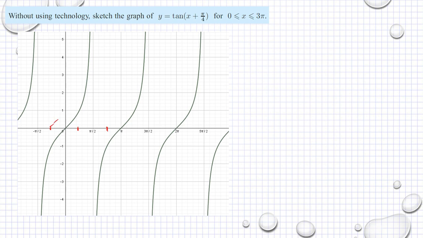That should be like this, up, up, up there.